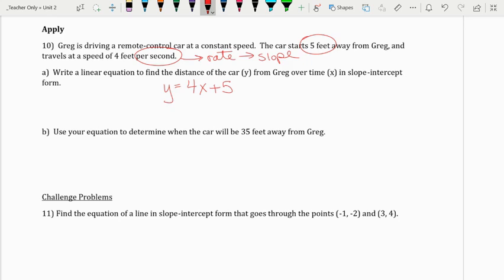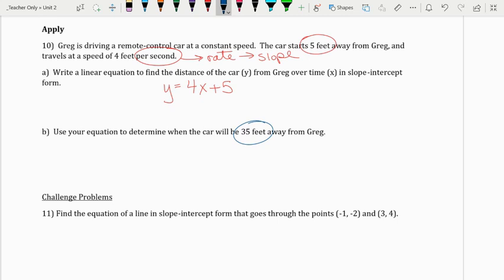Now it says use your equation to determine when the car will be 35 feet away. Okay, so this 35 feet away, we are trying to plug that in for one of our variables. Notice how it says that y is the distance of the car from Greg, and then time is your x.